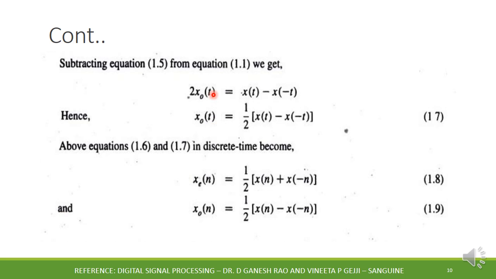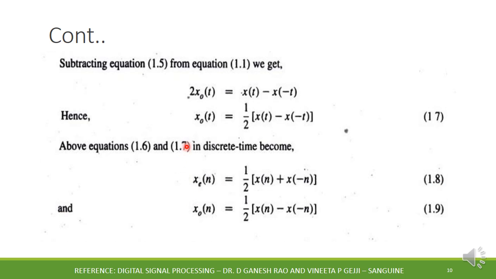The same equation, if I want to write for the discrete time signal, what do I have to do? Only change t to n. When you change t to n, equation number 1.6 becomes the even part of the discrete time signal, which I have taken as equation number 1.8.